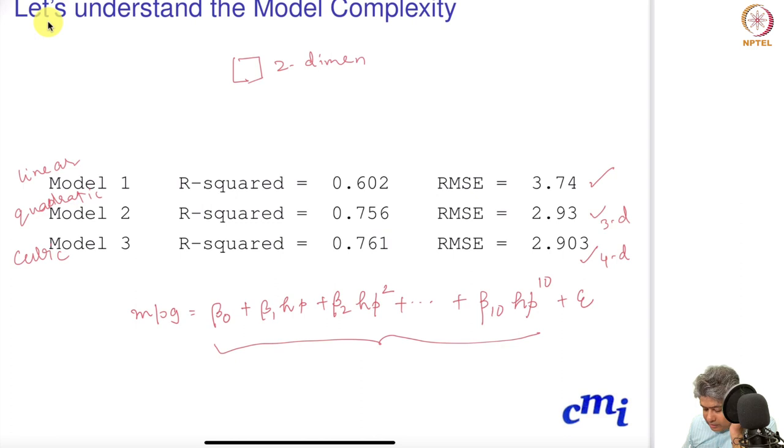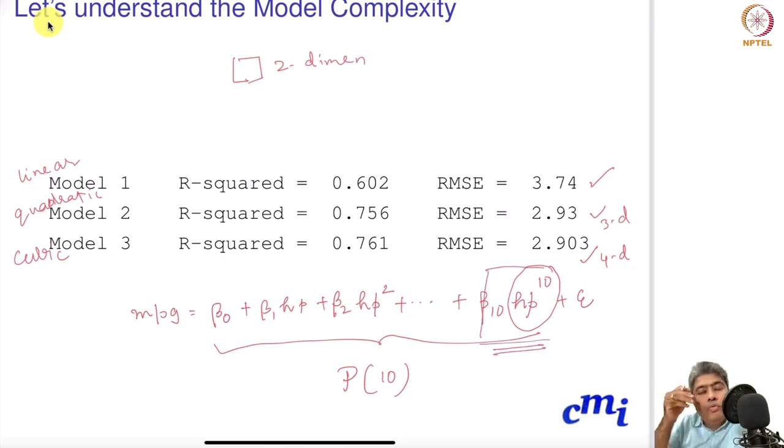Nobody can stop me. But the point is, what is the interpretation? What kind of effect does horsepower to the power 10 have on miles per gallon? Can you explain this term in your model?